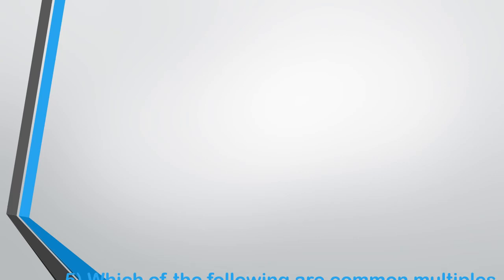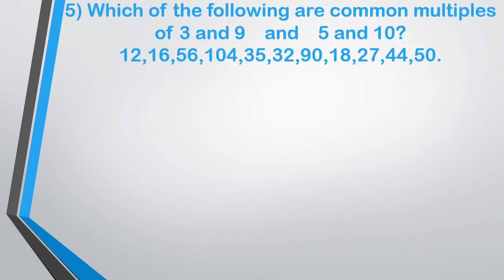Then the fifth sum. Which of the following are common multiples of 3 and 9 and 5 and 10? Here they have given some numbers. We have to check whether the numbers are common multiples of 3 and 9 and 5 and 10.